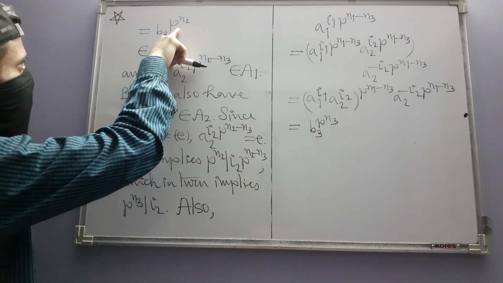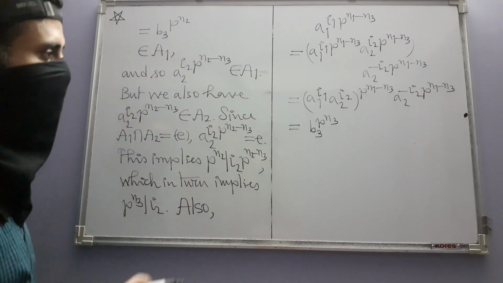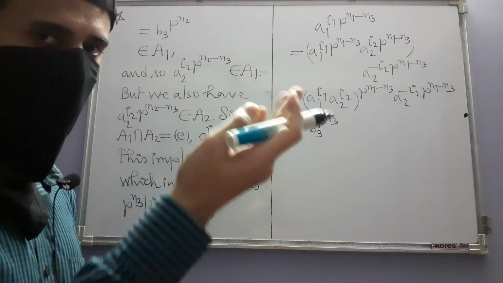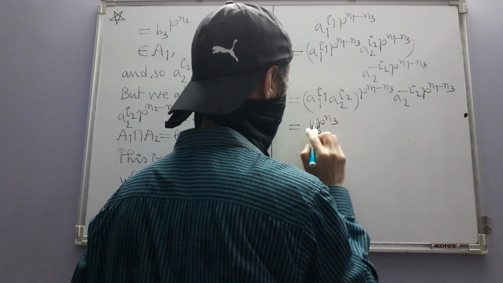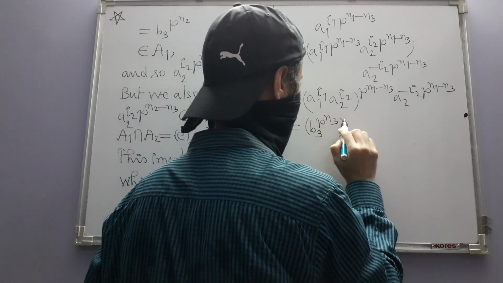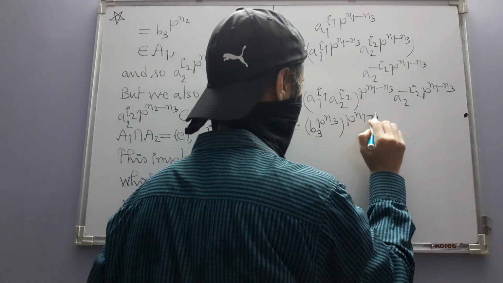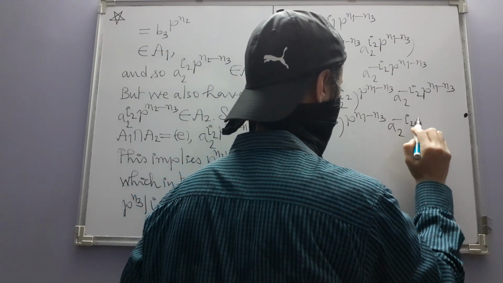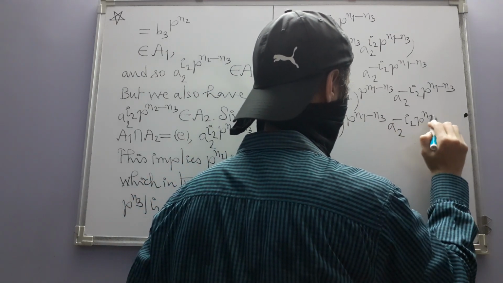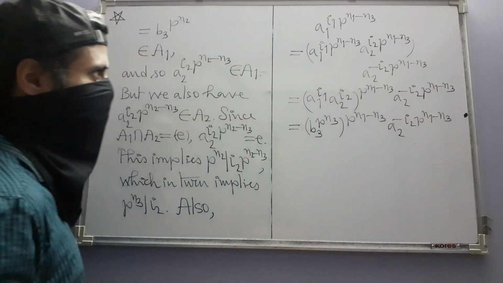How are we getting p? Oh, after adjusting the exponent which lies there outside. Okay, fine. There is no mistake. A2 to the power minus I2 times p to the power n1 minus n3.